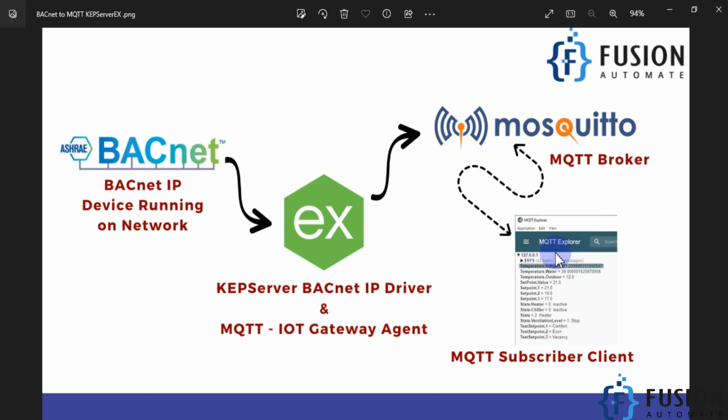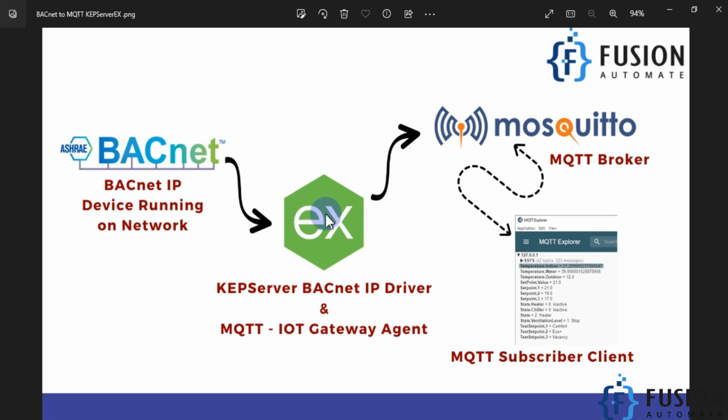Okay, and with the help of any MQTT subscriber client or any SCADA or any Node-RED system, we are able to read data by connecting with the MQTT broker. So simply we will convert BACnet data into MQTT data with the help of CAP server. BACnet will provide data to CAP server.